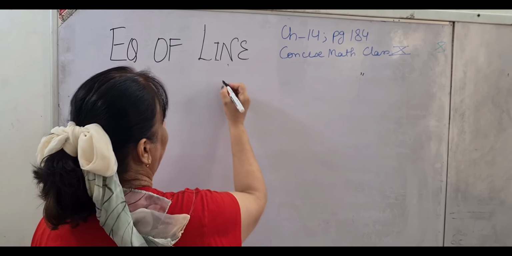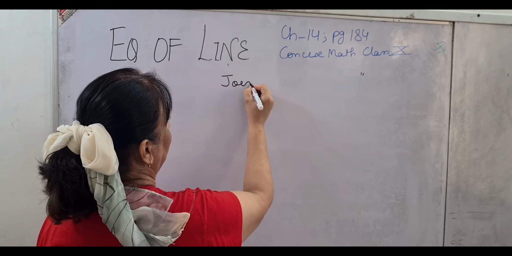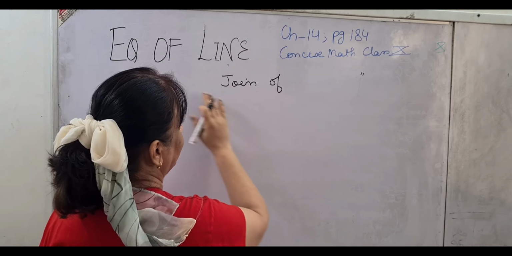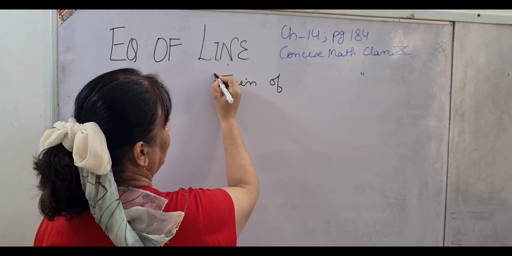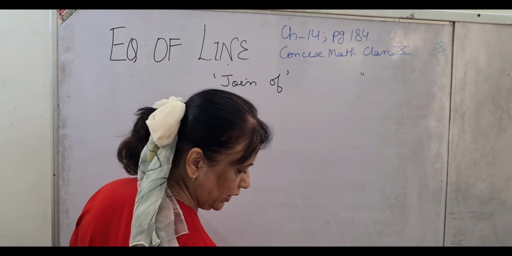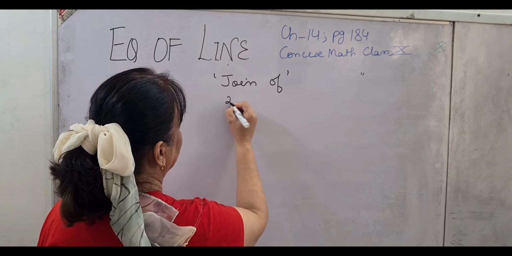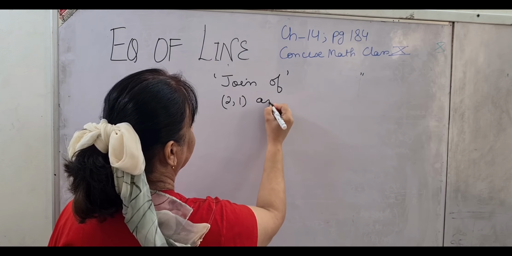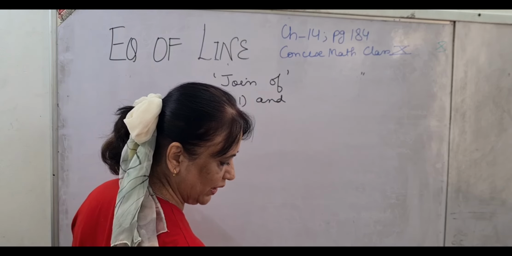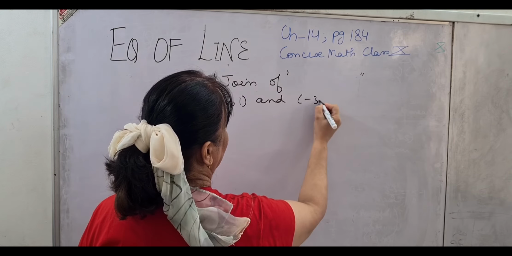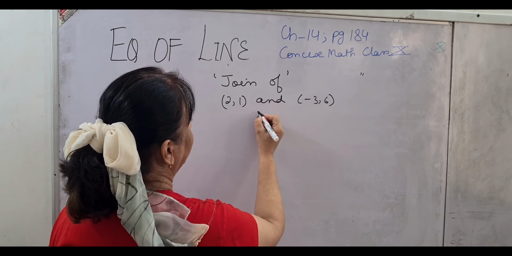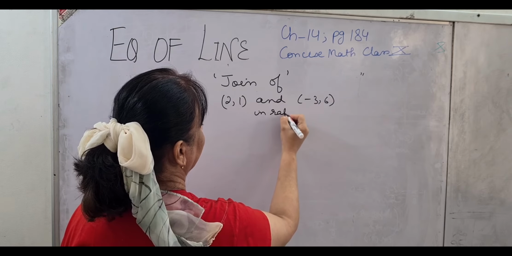Now see, bisect the join of. Now there the word bisect is not there. I have written join of 2, 1 and minus 3, 6 in ratio. Ratio is also given.